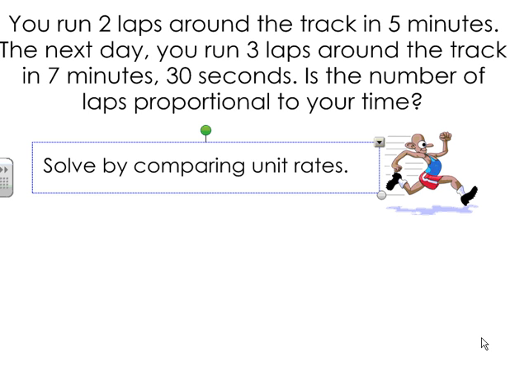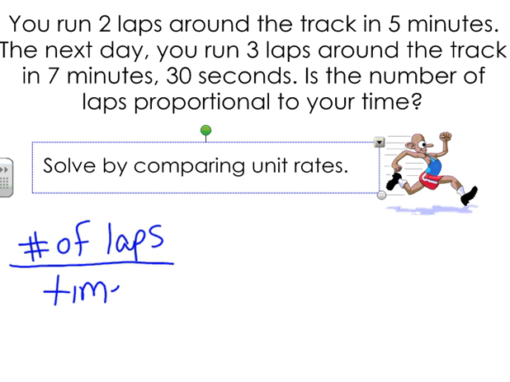I'm going to do number of laps divided by the time. And typically when we are writing unit rates for speed, we're going to put time in the denominator. So the first day, you run 2 laps, and it takes 5 minutes to do that.